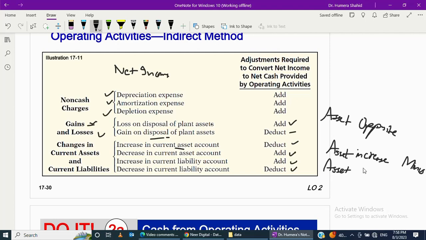Asset decrease, what will be the opposite action? Add it. Liability is the same direction. Liability increase, add it. Liability decrease, minus it. Okay, so like this you can remember.